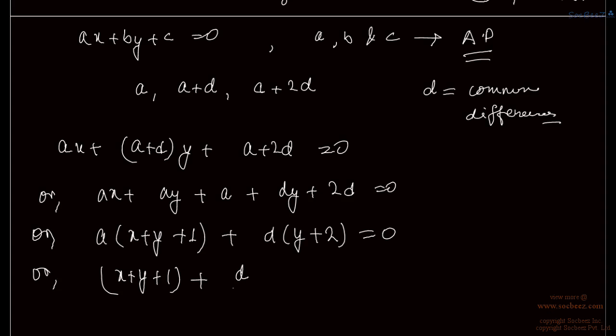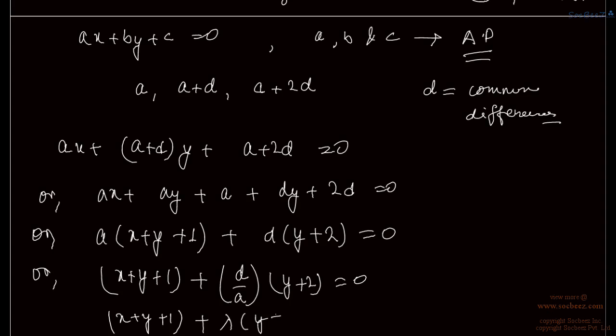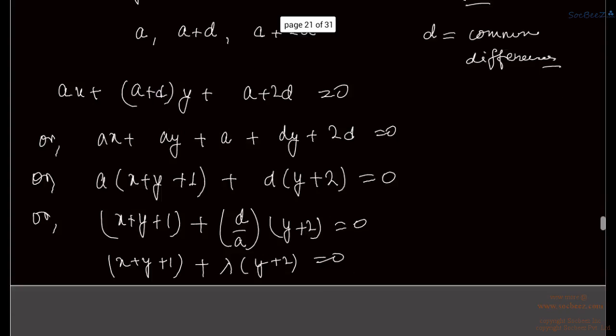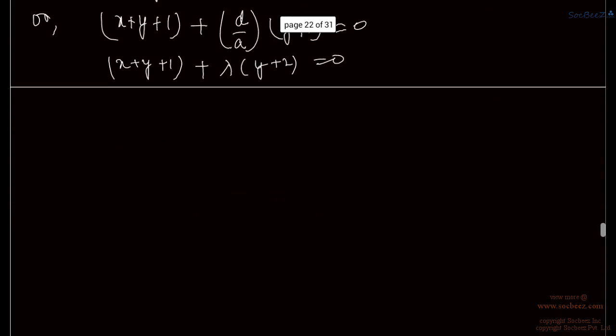Or we have x plus y plus 1 plus d upon a times (y plus 2) equal to 0. Since d and a are constants, we can represent this ratio by some variable lambda: x plus y plus 1 plus lambda (y plus 2) equals 0, right?